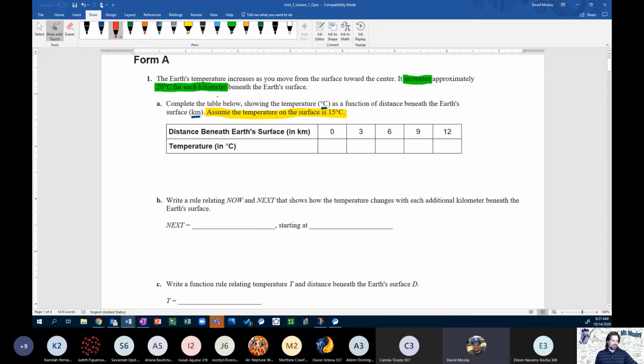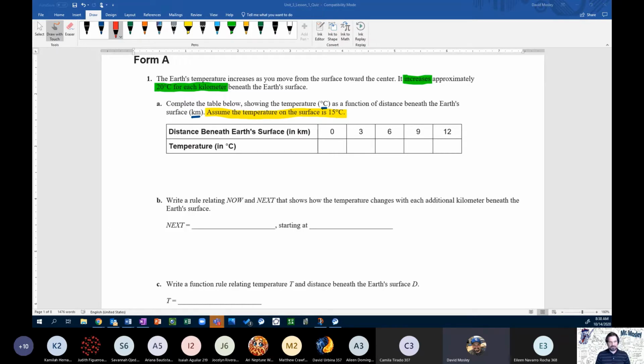What value might that be that is important to a linear function? I'll type it in the chat too.